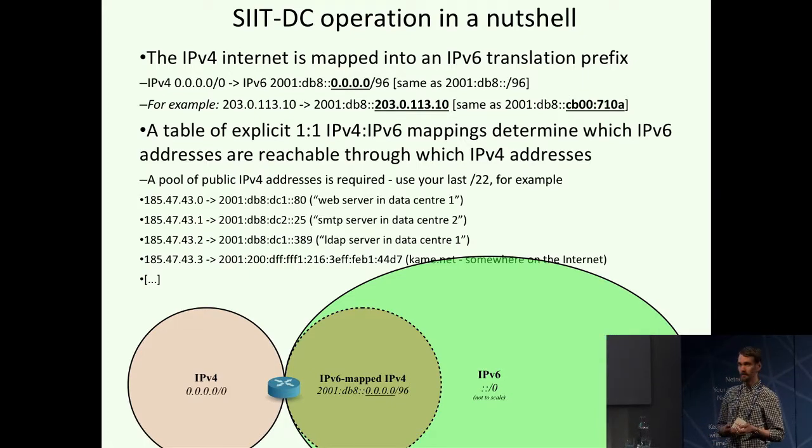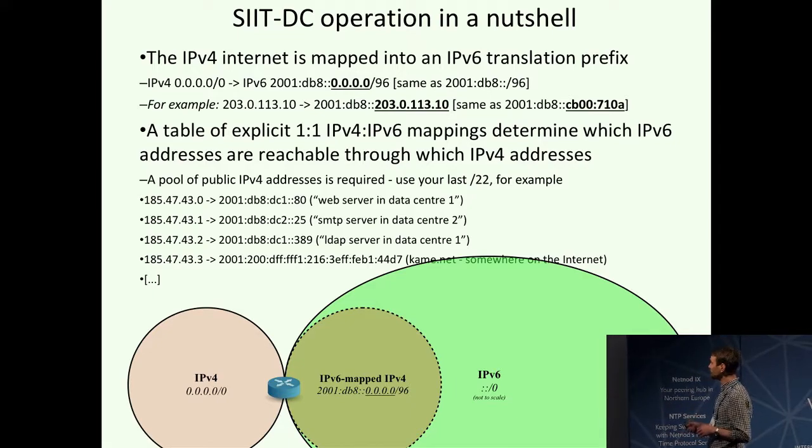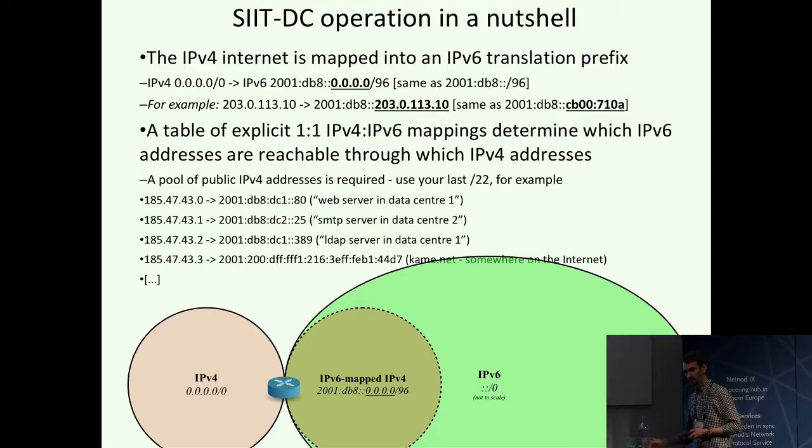And the idea that I came up with was to basically make a static mapping table. So that if you have a /24 or /22 of public v4 addresses, you can make a one-to-one mapping between a v4 address and a v6 address, presumably inside of your data center. And then you have everything that you need to translate between v4 and v6.